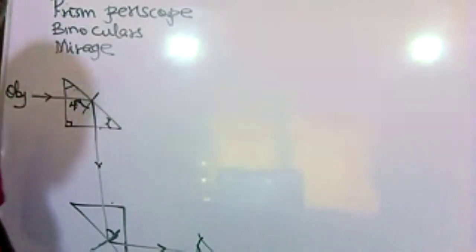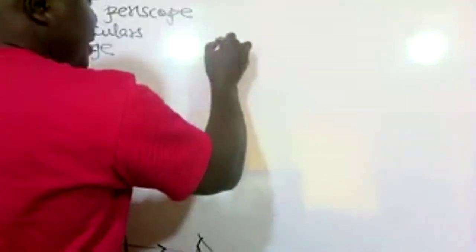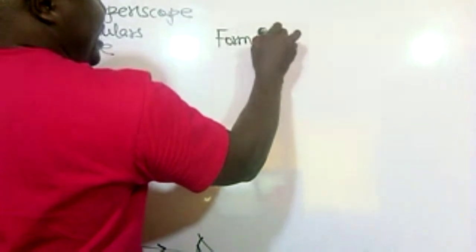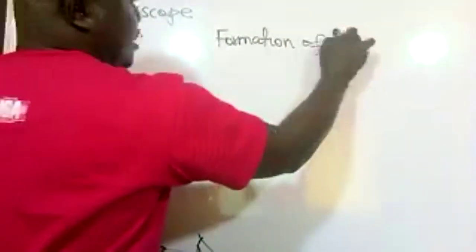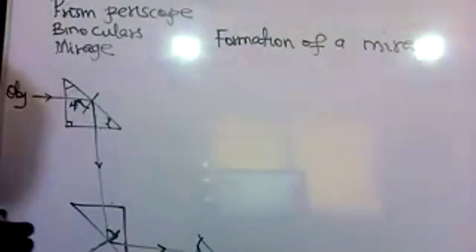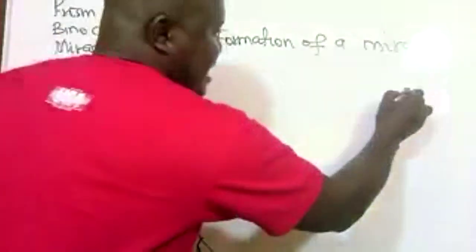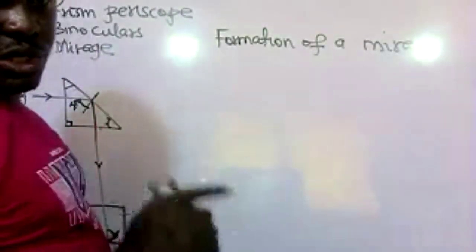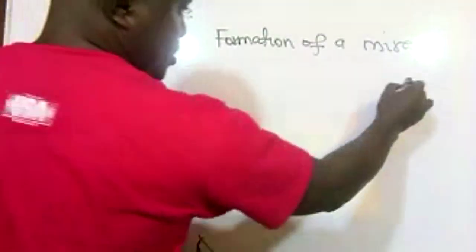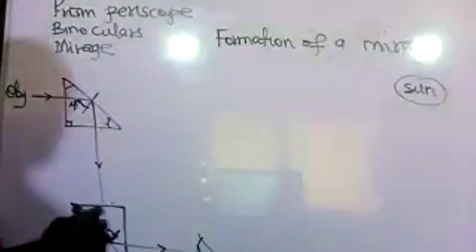How is the mirage formed? What is seen as a pool of water is usually the image of the sun on the road. So if this is the sun, this is the road.